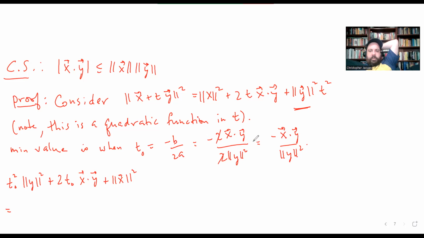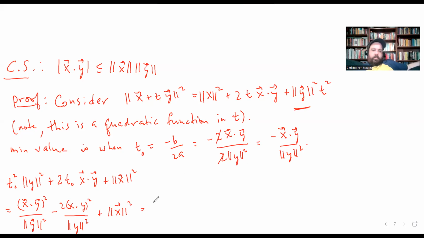Right, this is, let's see, if we square this, we get x dot y squared over length y squared, plus, we have a 2 in front, x dot y, this becomes a minus x dot y squared over length of y squared, plus length x squared.